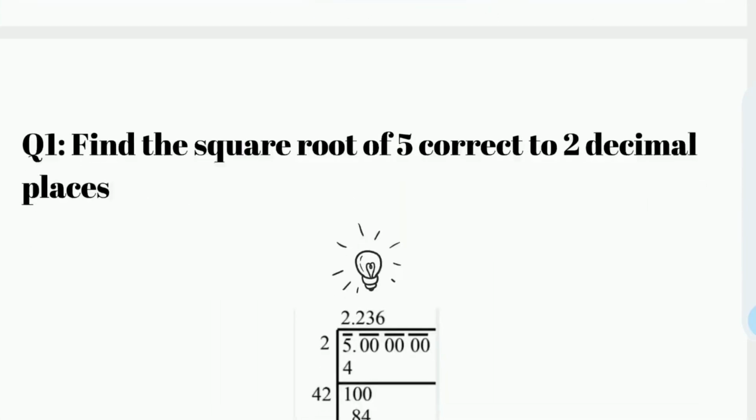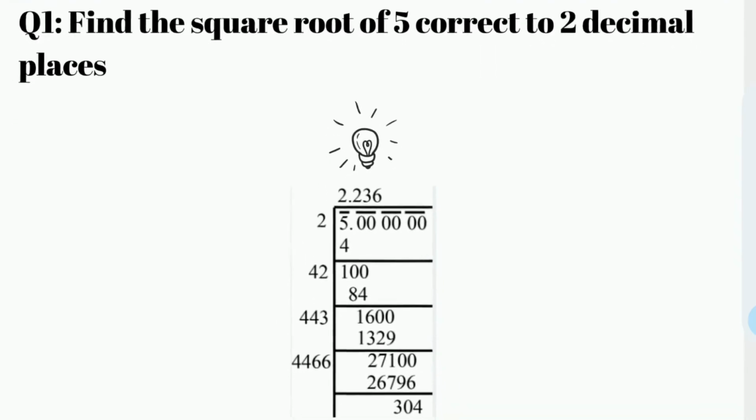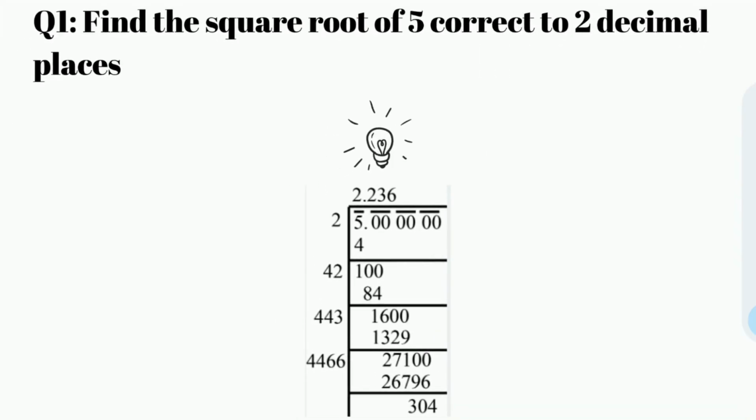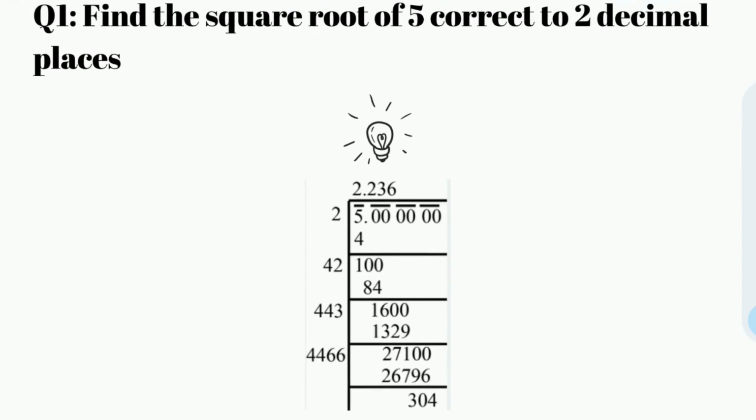Great. Now the next kind of question, which is very common and comes in a lot of exams, says find the square root of 5 correct to 2 decimal places. Whenever they ask you for 2 decimal places, that means you need to work to 3 decimal places, because for the third place you're going to round it off.